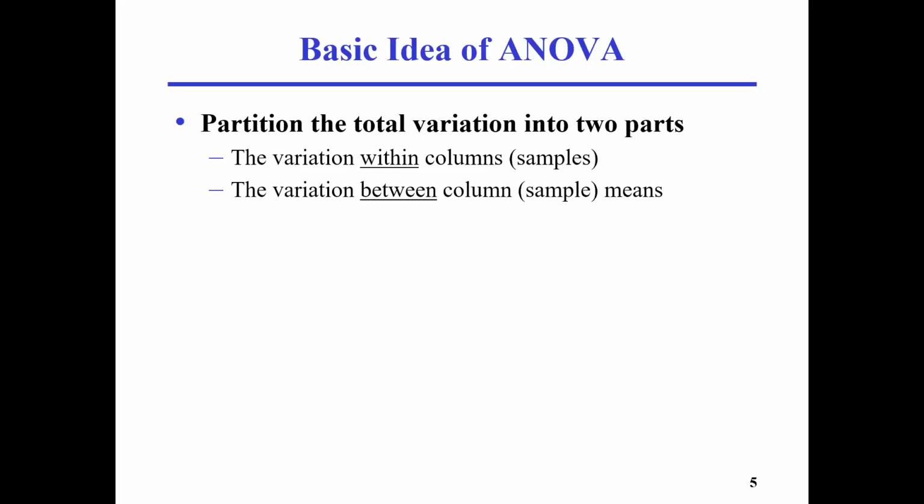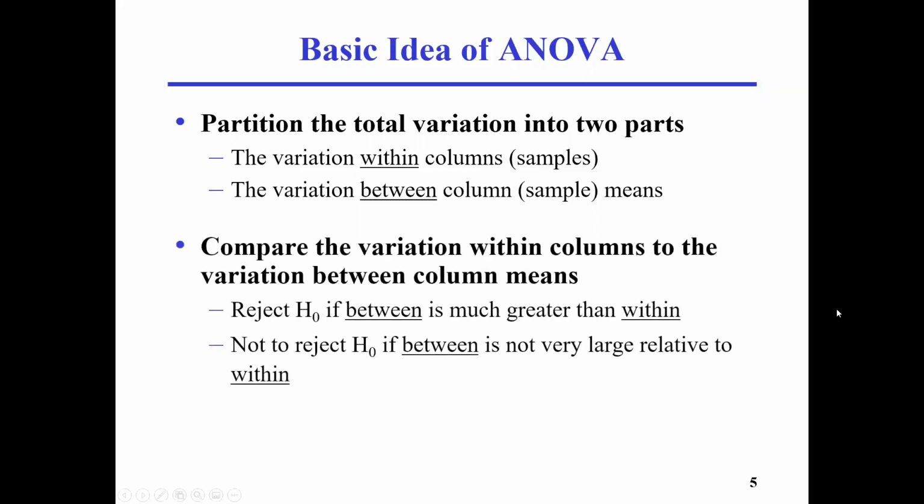And when we quantify these two types of variations, we will need to compare them. Compare the variation within columns to the variation between column means. If the between variation is much greater than the within variation, then we reject the null hypothesis.